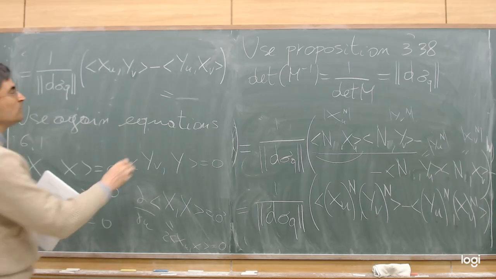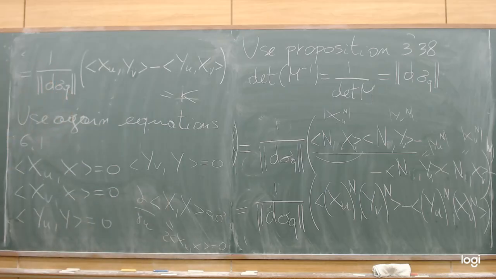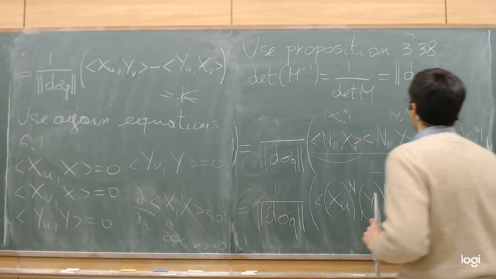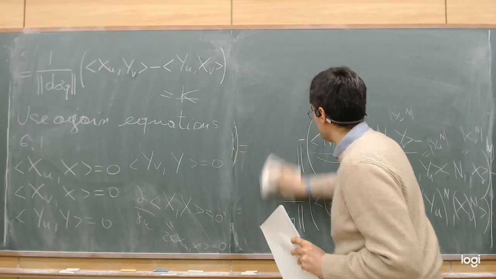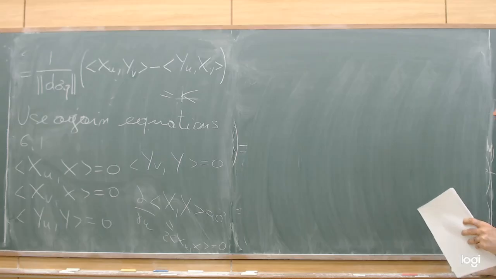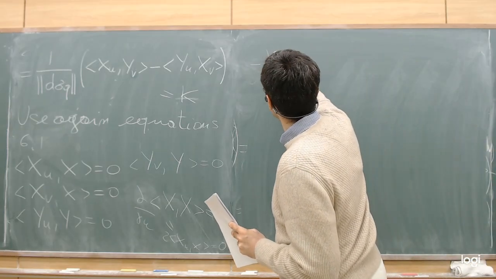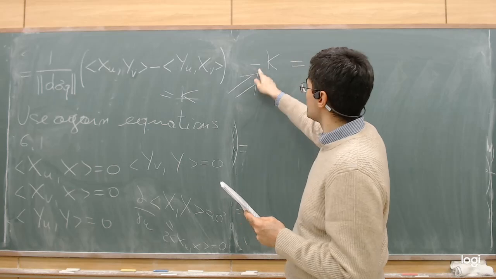Yes, so we proved that this is equal to K. And in our formula, we had instead minus K. So we have to make a change of sign.